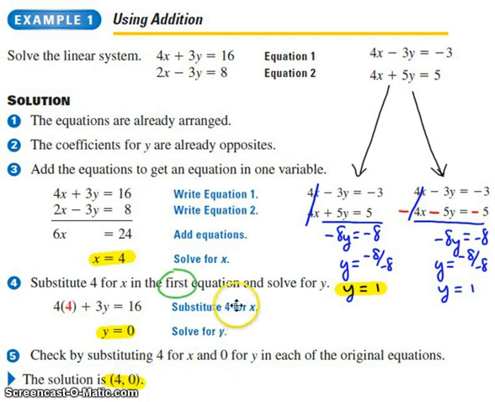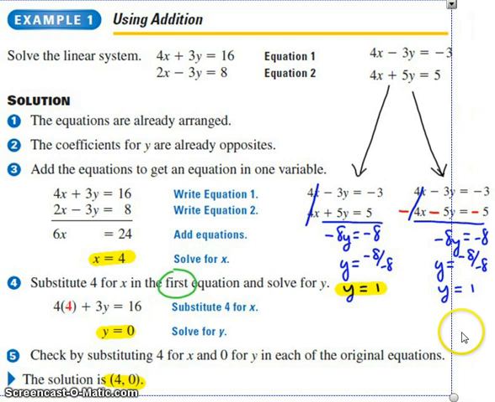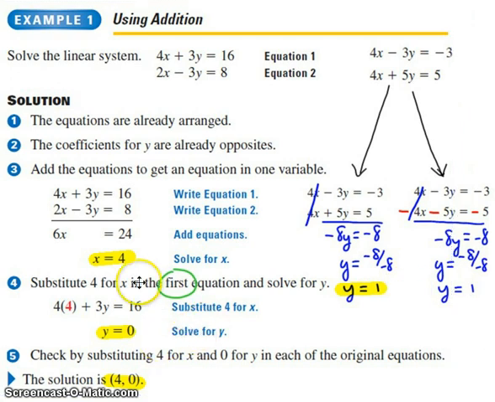Okay, as I said, they chose to plug 4 into the first equation. You don't have to do that, and I'm not going to. I'm going to plug y equals 1 into the second equation. The second equation says 4x plus 5y equals 5.